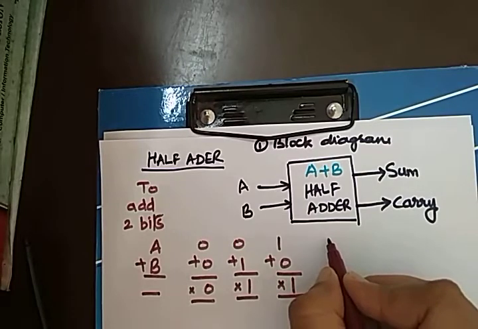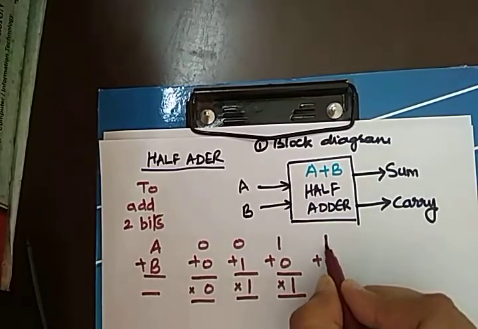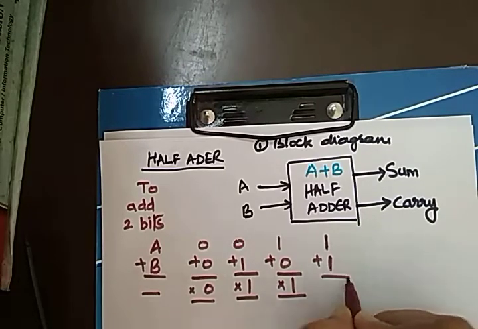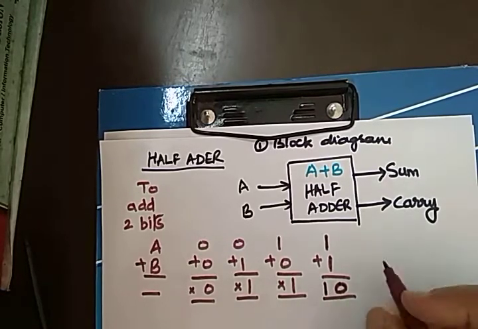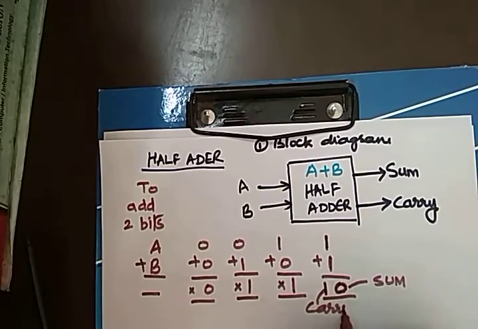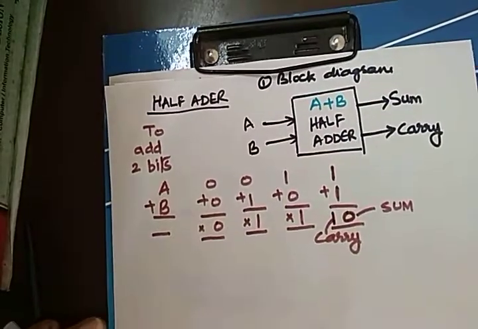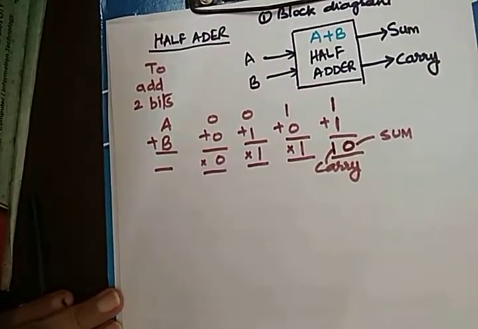And the last combination, when A is 1 and B is 1, the sum is 0 and the carry is 1. This bit is called the sum bit. This is called the carry bit. So these are the four conditions of the half adder.